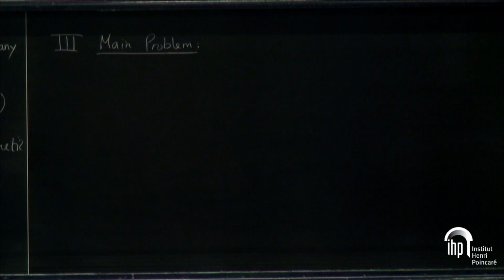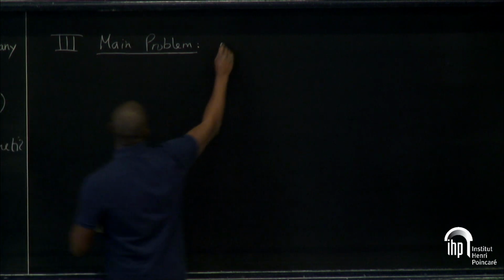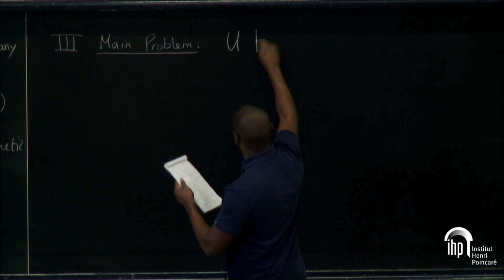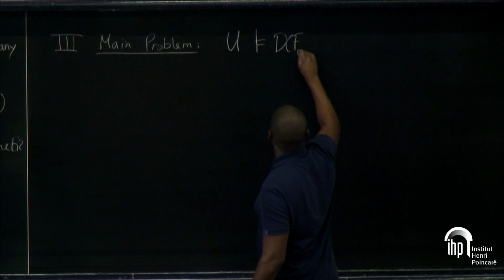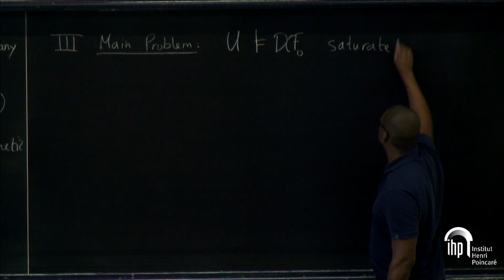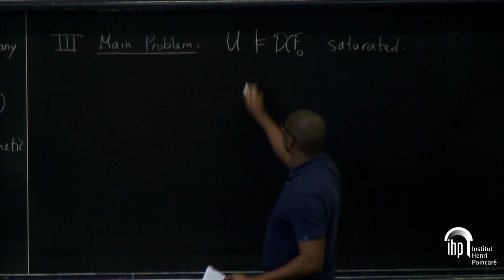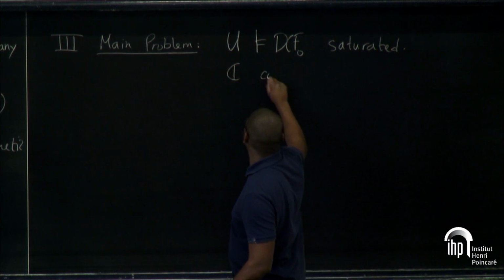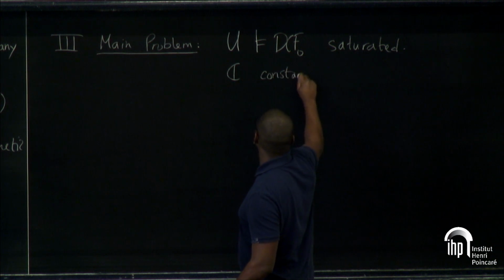And so that's what the main problem would be, to show that indeed this is the only obstruction to non-omega categoricity. So here now I work in a saturated model of this CF0, and I think of C as the constants of U.